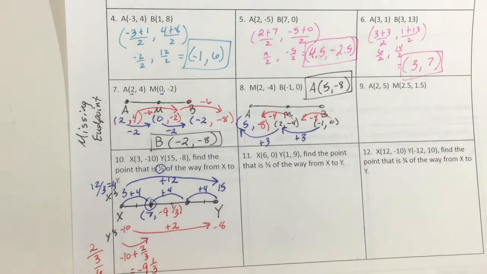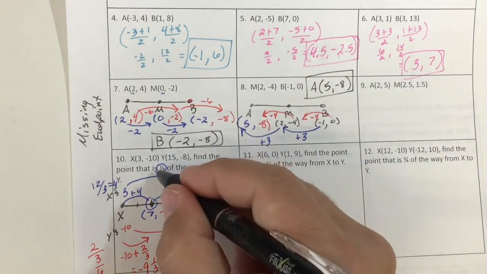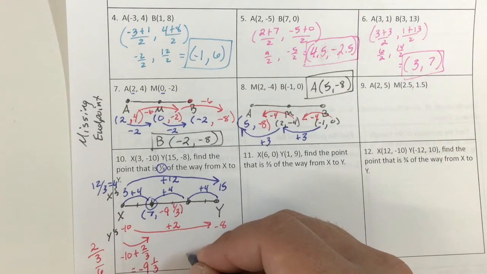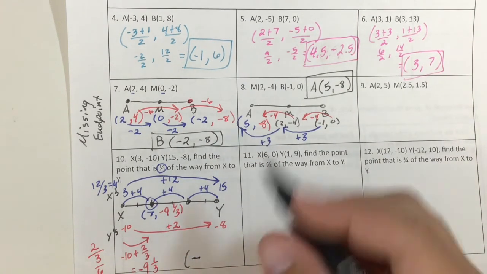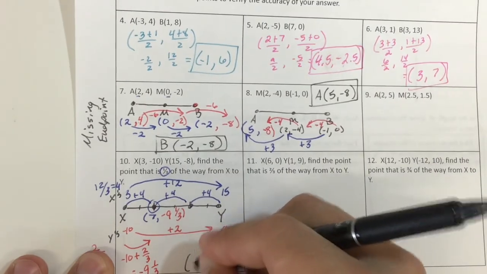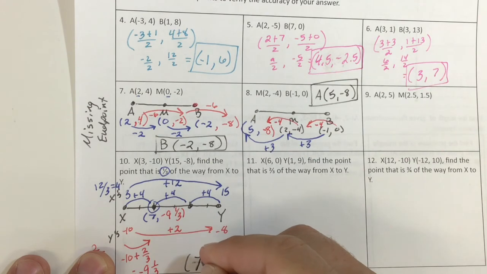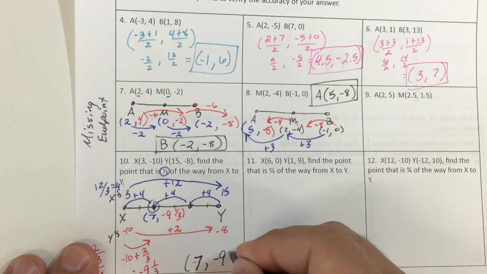All right, so my answer for the coordinates of this point 1/3 of the way between these 2 points, x and y, is 7, comma, -9 1/3.